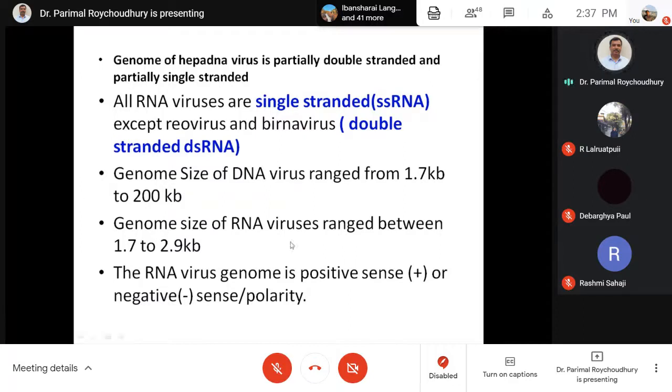They carry a lot of genetic information. However, the simplest viruses carry very limited genetic information, and with that information they can survive in nature.